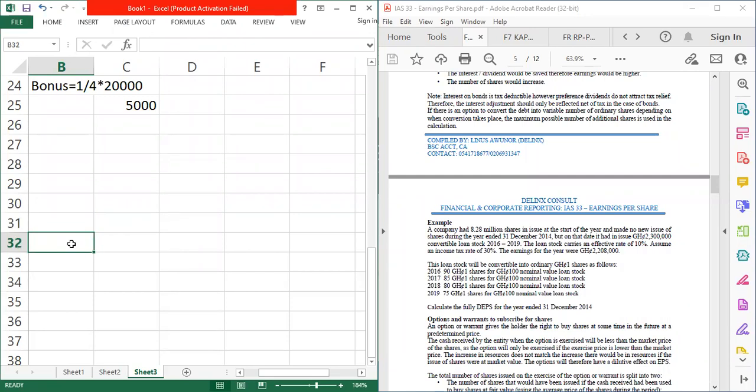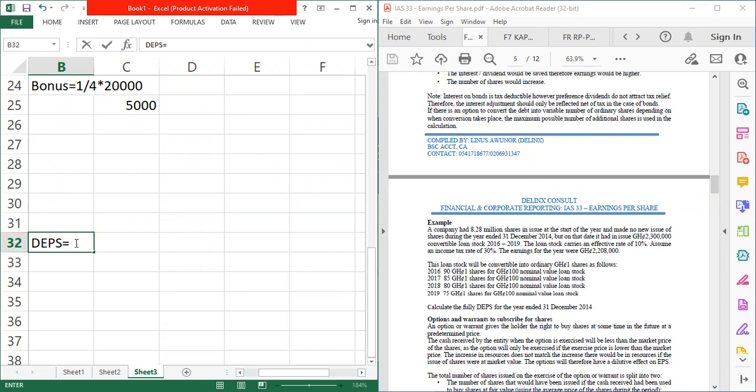Who is reading for us? Where is the reader? Question, the reader is not done. Security, please take over. Is it an example? Yes, example. Okay. A company had 8.28 million shares in issue at the start of the year and made no new issue of shares during the year ended the 31st December 2014.